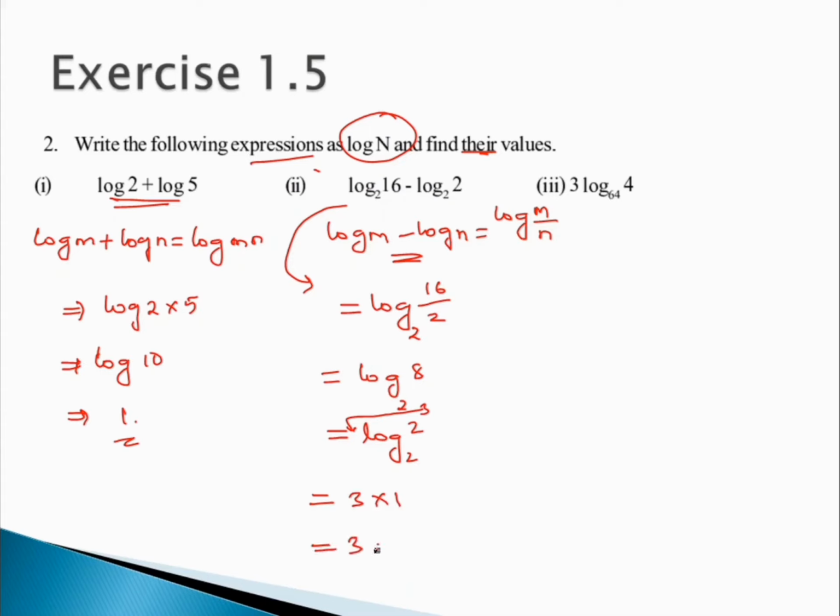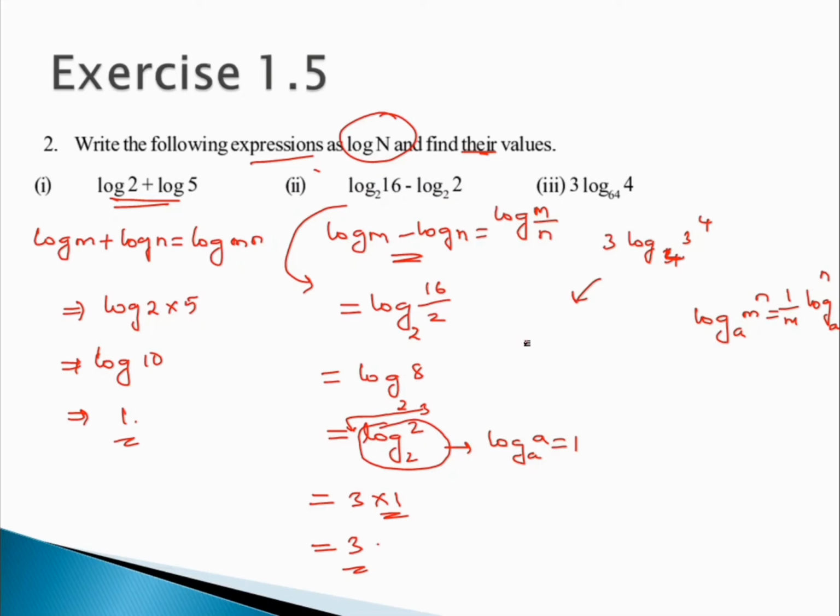So the answer for this one is 3. We know one more formula, that is log a of a equals 1. This value has to be 1. Now let us look at the third sum here. See how 64 can be written as 4 cube. We have recently seen that the power m in log a of n to the power m can be written as m into log a of n.